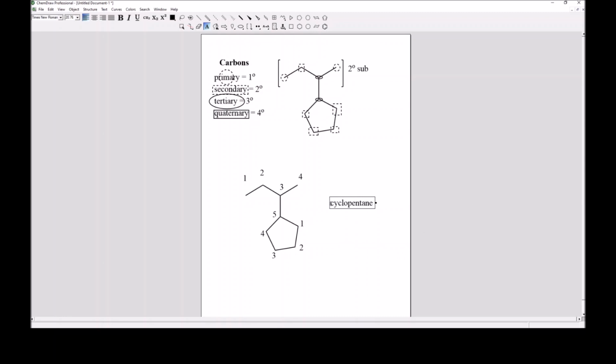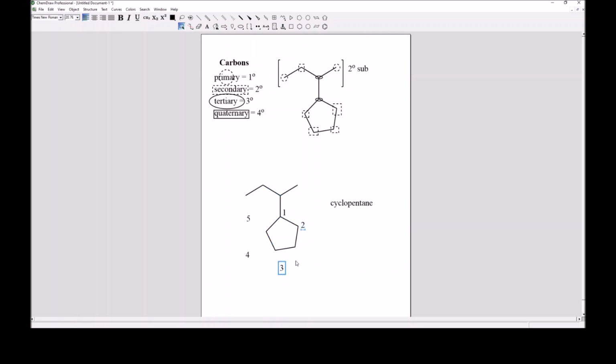Coming off of the cyclopentane, the numbering system now I have to fix. So the numbers I was using were just to keep track of the number of carbons, but now we have to number them. And what's different about cyclic ring systems is the number 1 carbon can be any one of the carbons in the ring. I want to choose the numbering pattern that allows me to have a substituent coming off as quickly as possible.